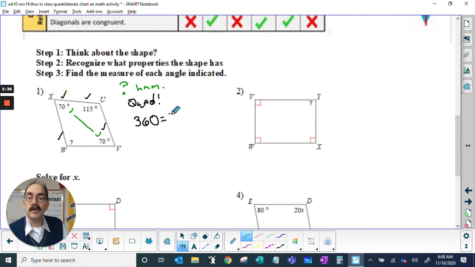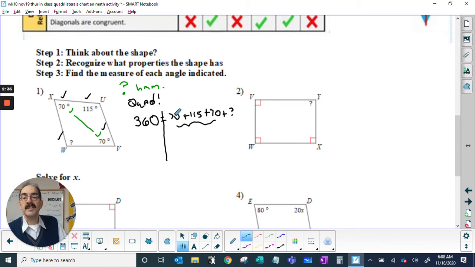So let's just do the math. 70 plus 115 plus 70 plus the unknown. Well, we know how to combine all these. Draw a little line. We got 70 and 70 is 140, plus 115 is 255. We still have an equals, we still have our 360, and we have our unknown. Well, what's the opposite of a plus?